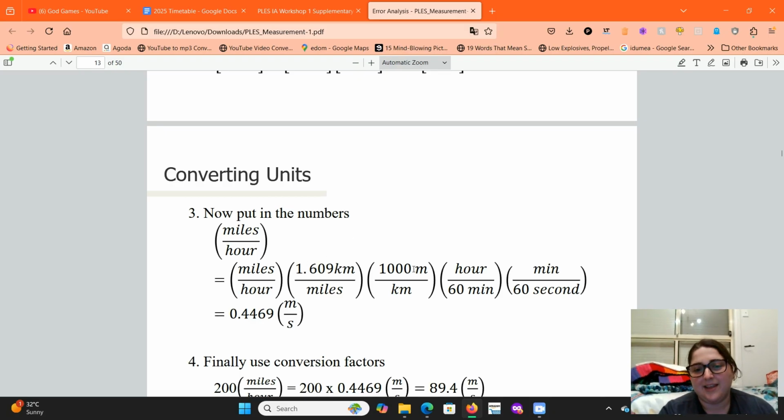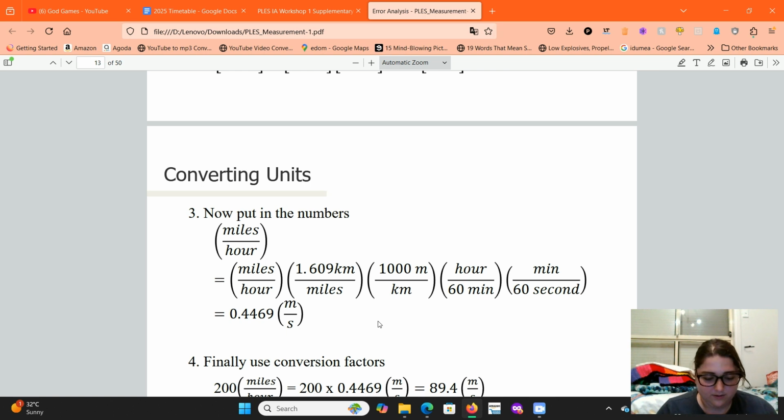So it's essentially 1.609 times 1,000, divided by 60 times 60. I don't have a calculator on me, but let me use my phone because we have technology. 1.609 times 1,000 is 1,609.